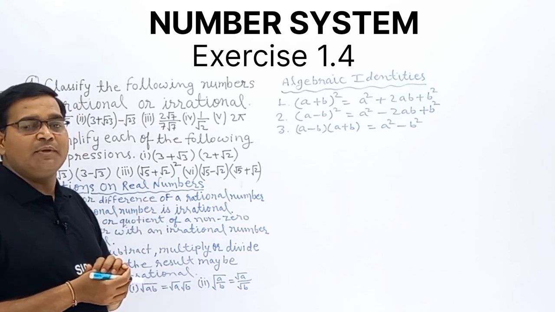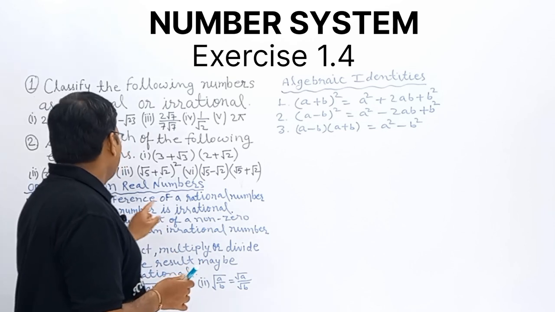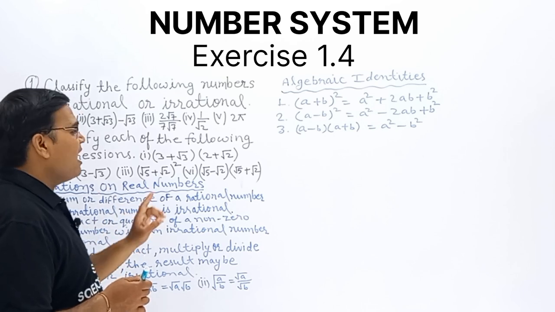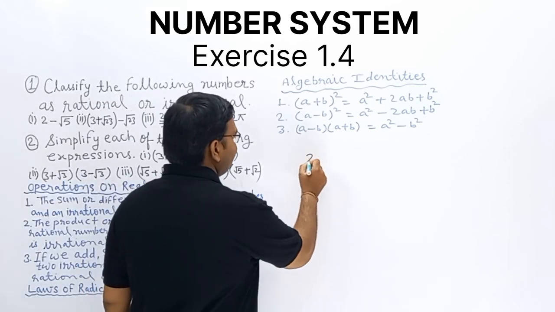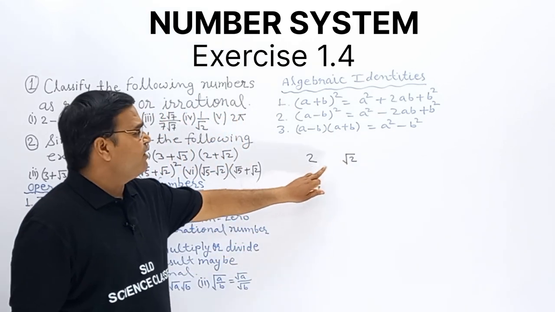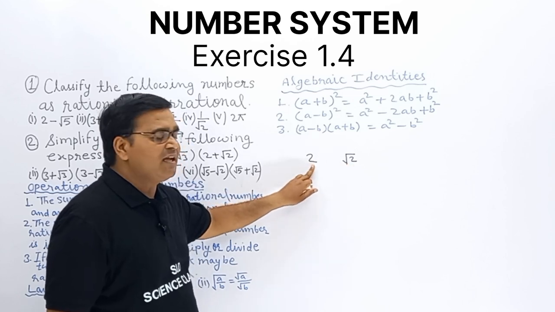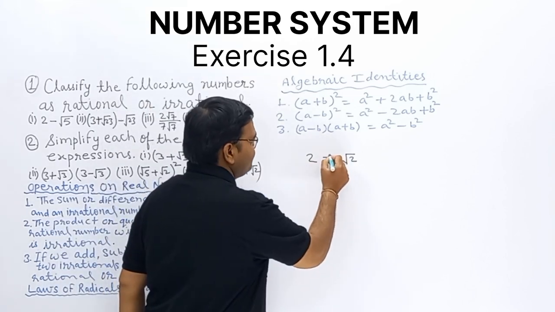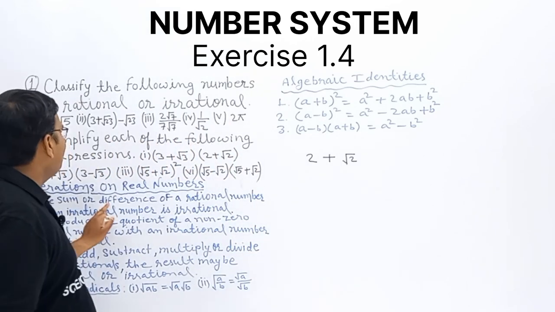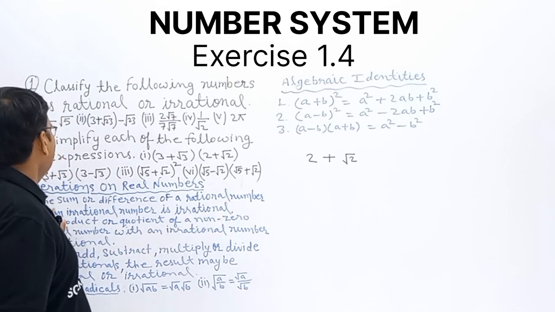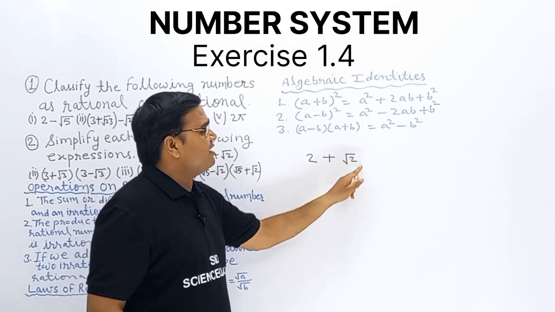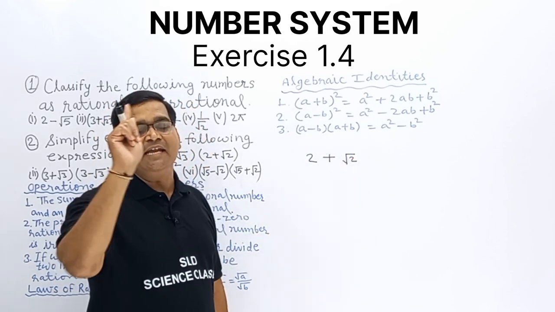First I am observing the sum. I am taking 2 as a rational number and root 2 as an irrational number. One rational, one irrational. Its sum will be rational or irrational? The standard result is that the sum or difference of a rational number and an irrational number is irrational.